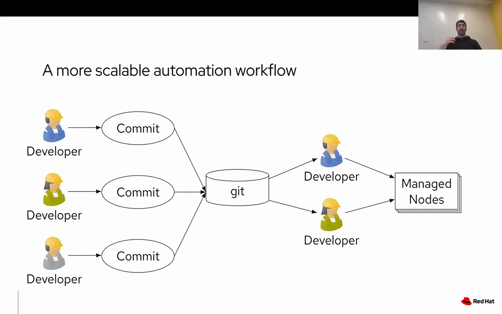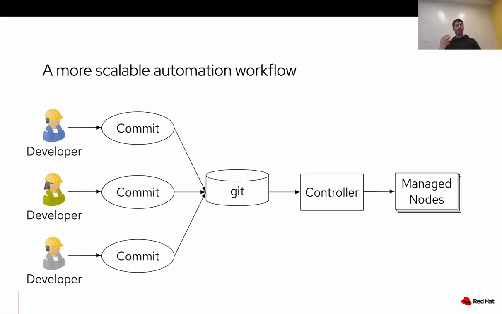But the reality is this model is clunky. So what usually ends up happening is that those developers get replaced by a software, which is a controller. This can be either the Red Hat Ansible Automation Platform controller, also the commercial version, or AWX, which is the open source version of the Ansible Automation controller.